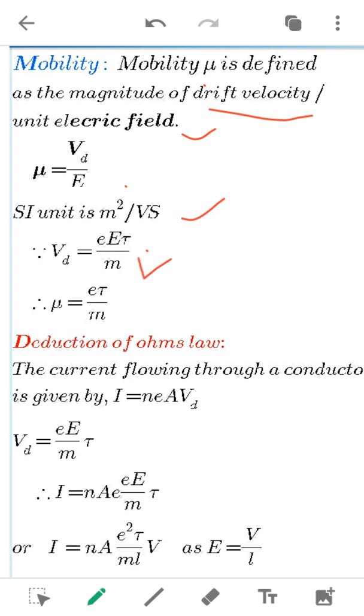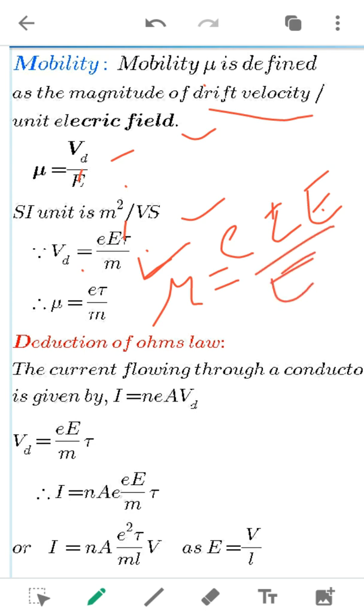So for Vd we will substitute in the above equation, mu equal to Vd by E. So mu equal to e tau capital E by E into m.